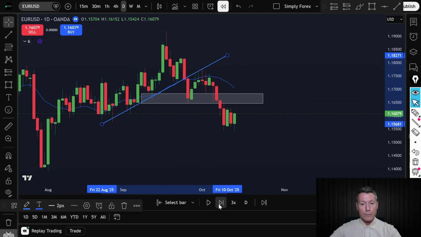We're going to wait for our pullback into value, which we get. It's come back into our zone of interest. Now, the final piece of the puzzle is the bearish candle. And as you can see, we play it along one more, we get the bearish candle. And see how this equates to a high probability trade.